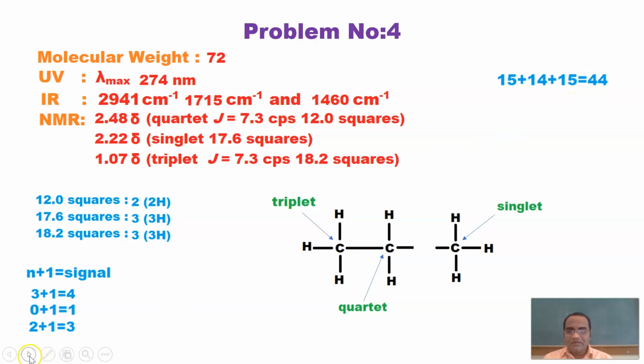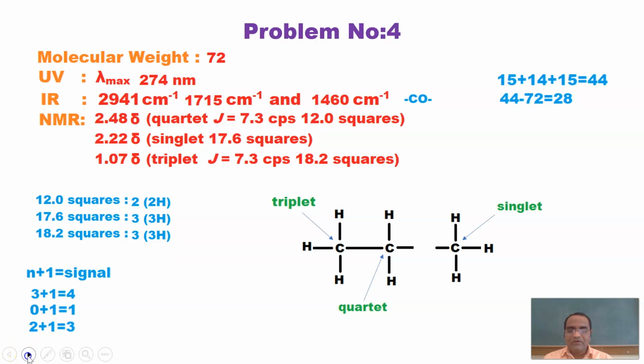The total molecular weight till now is 44, and the remaining is 28. Looking at these higher values, it shows that it has some carbonyl type of functional group. What kind of carbonyl depends on the molecular weight, so how much has remained: 28 has remained.